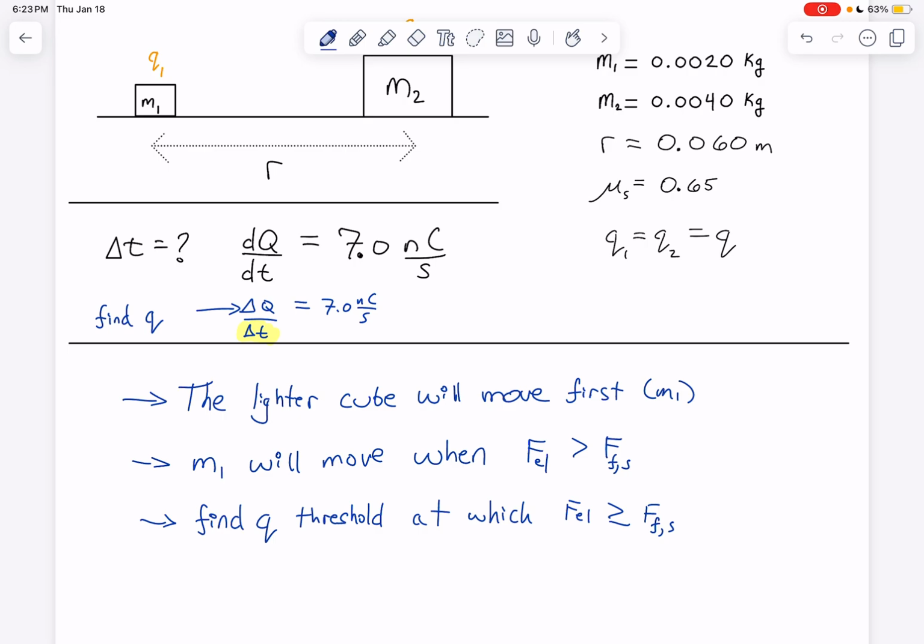So we're going to find the equal to, and then we'll find how long it takes to get there. And we'll find delta t. So we'll do this first, we'll do that second, find delta t to get to q given that rate of change, given our dq dt.